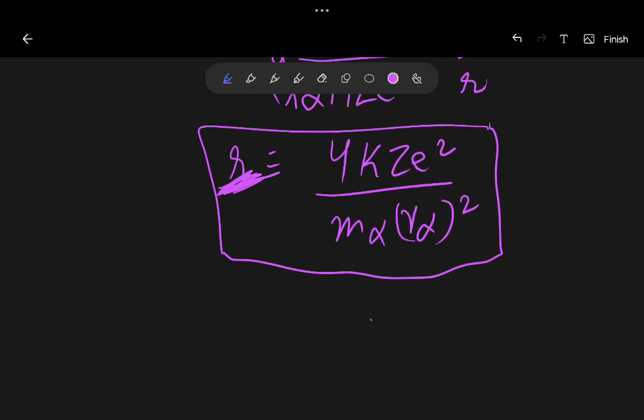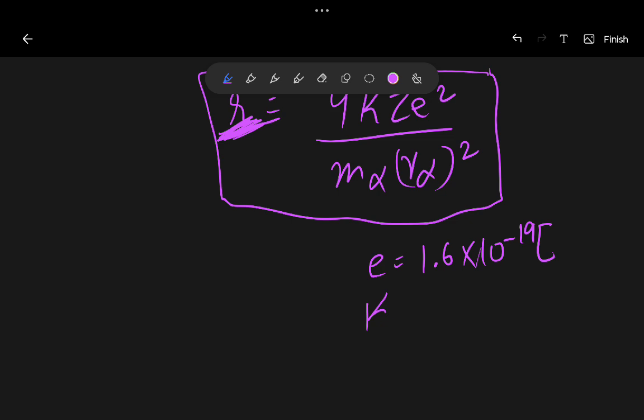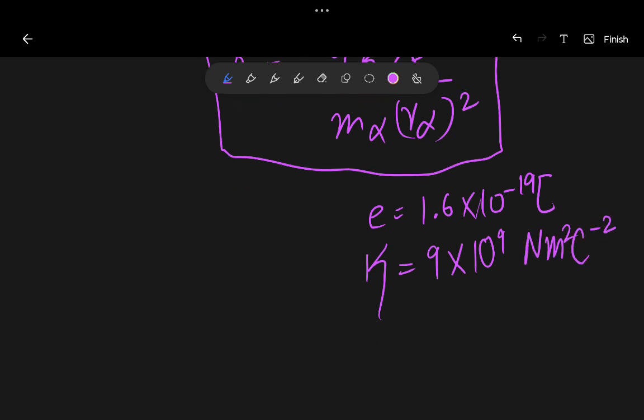And here e is just the charge of an electron, right? So it is 1.6 into 10 to the power minus 19 coulombs. And k is just a constant, its value is 9 into 10 to the power 9 newton meter square coulomb to the power -2.